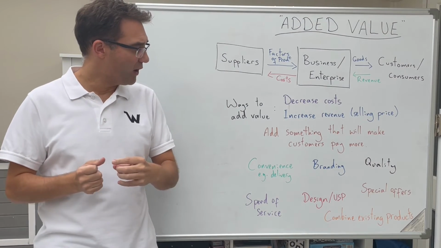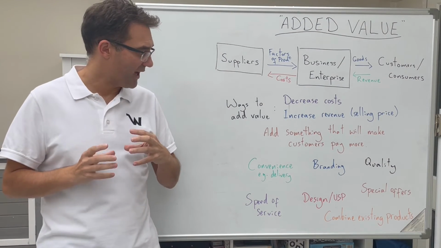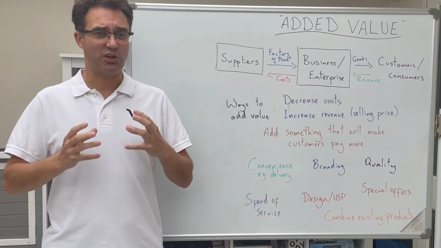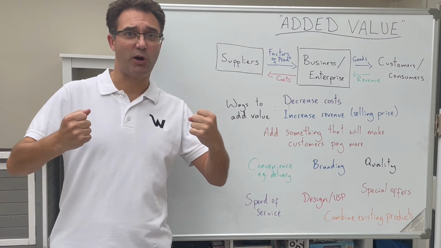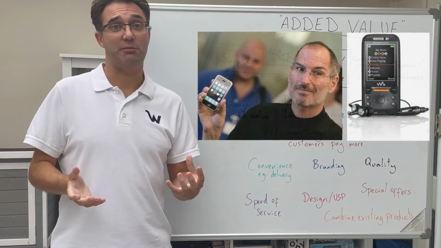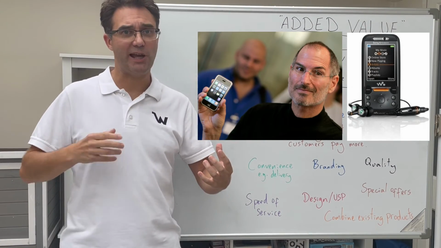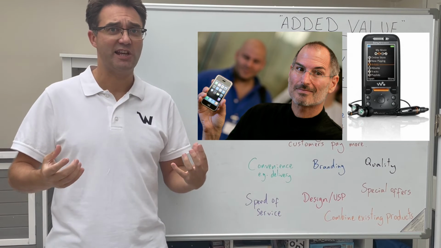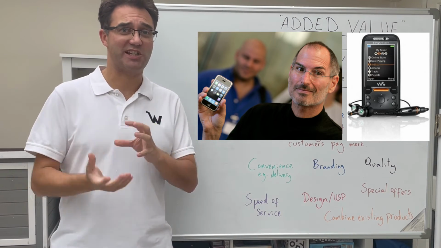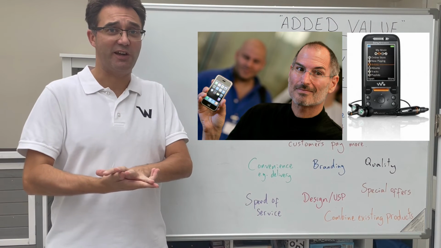And the final way of adding value that we're going to talk about is combining existing products. This could be through taking two separate ideas and putting them into one. That's how the iPhone came about. We already had MP3 players, we already had mobile phones. Apple, not the first company to do it, but they did it most successfully, put the two together.